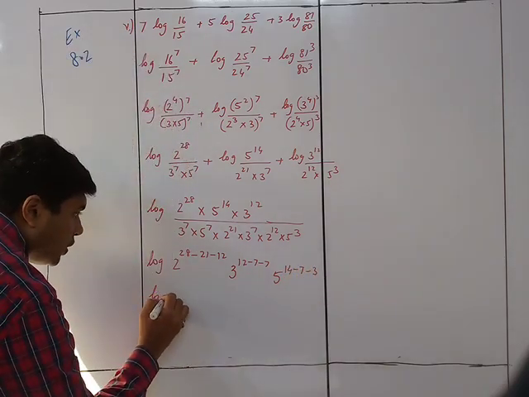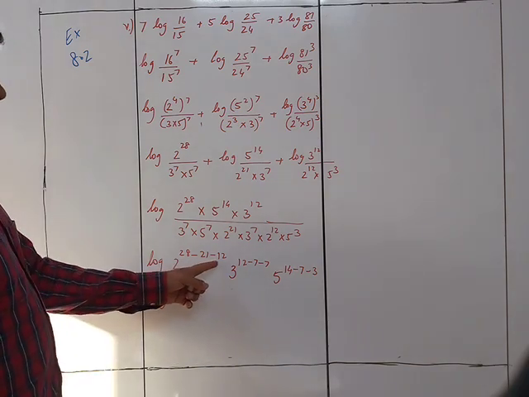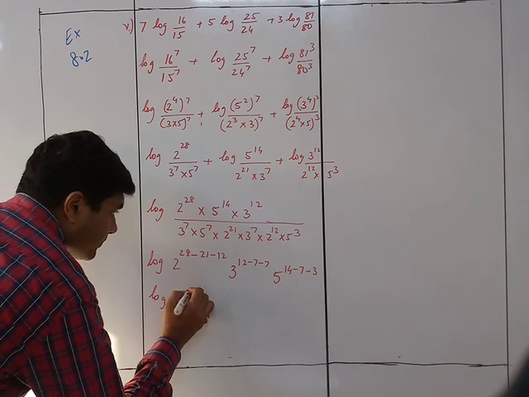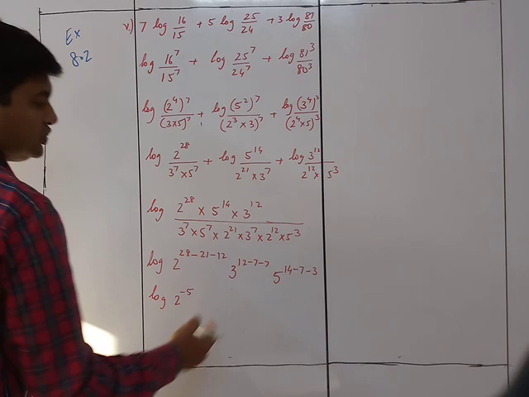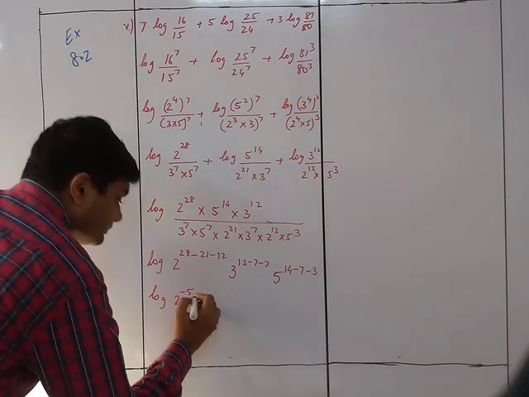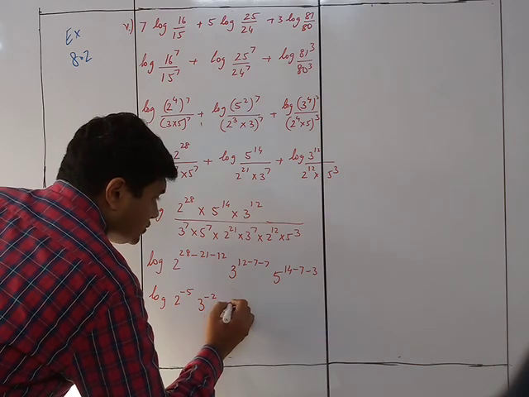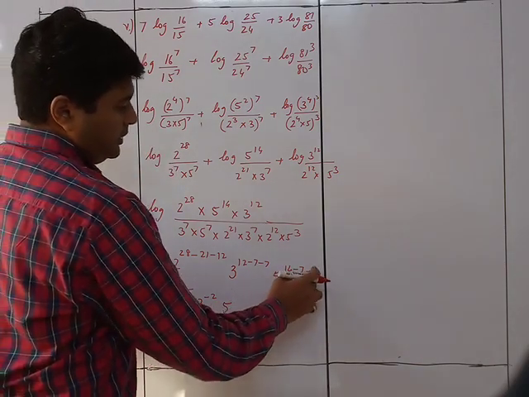That makes it log of, this is 28, so it will be 5, so 2 raised to 5 minus 5, 2 raised to minus 5. This is 3 raised to minus 2. And this is 5 raised to, this will be 10, so 4.